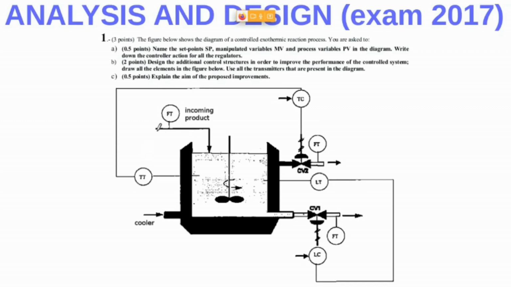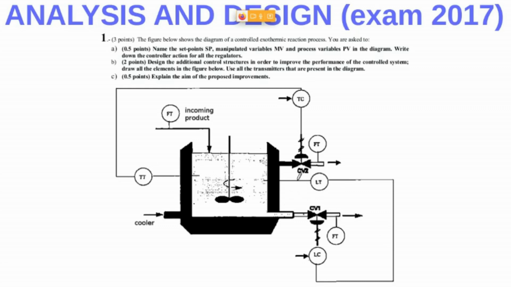Well, here we have the incoming product, right, that is measured, and we are doing nothing with this. We are measuring these flows, right? And as you can see, we are measuring the temperature within the tank, and then we are controlling this temperature, right? Fine.